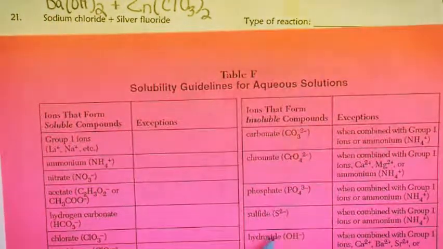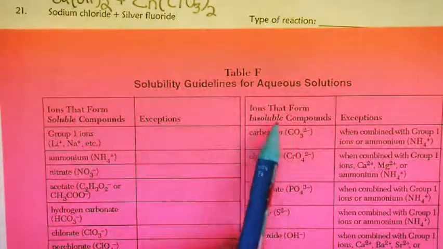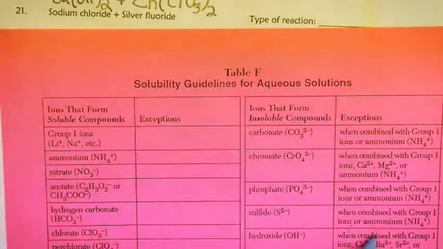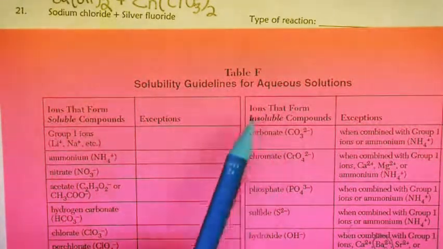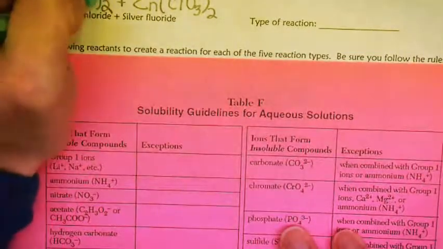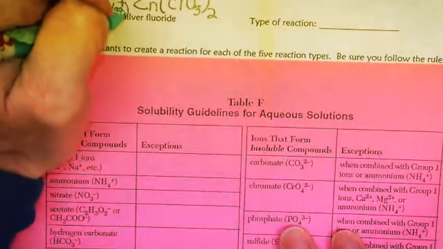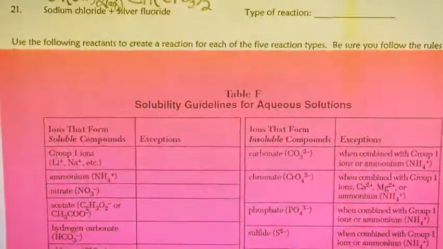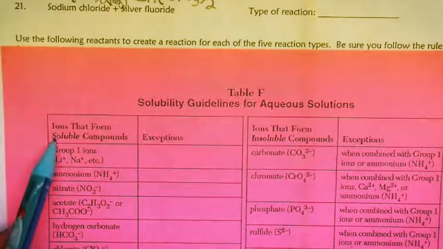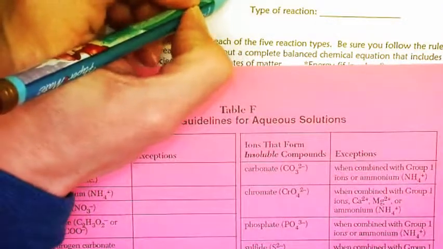So hydroxides are generally insoluble, but if we look at the exception, barium is right here. So that means that it will dissolve, because barium hydroxide is an exception to that. So this is going to be aqueous. And then we have zinc chlorate, and if we look right here is chlorate, and it is soluble, so we know that this is aqueous.